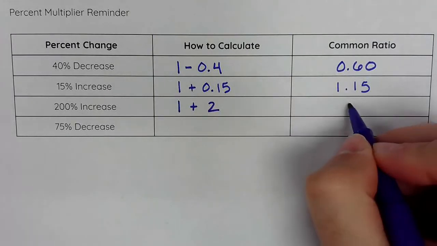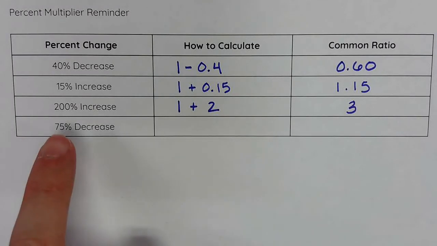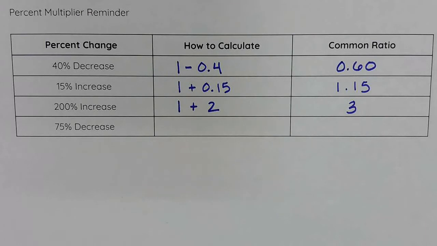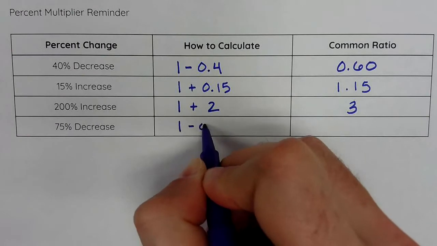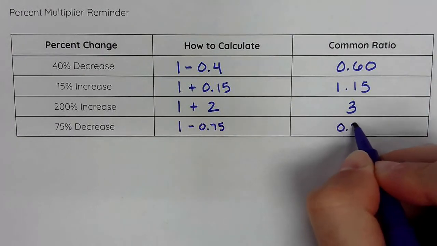So our common ratio would be 3. That one tends to trip students up. They say 200%, they think our ratio should be 2, but we have to add that to 1, giving us a ratio of 3. And then our last one, 75% decrease. 1 minus 0.75, leaving us with a common ratio of 0.25.